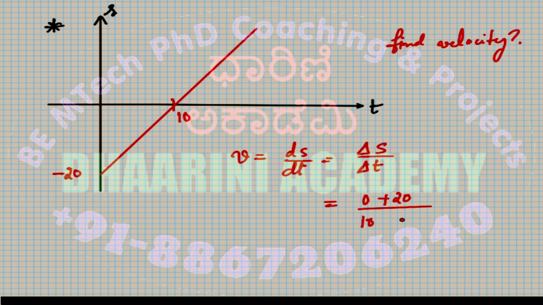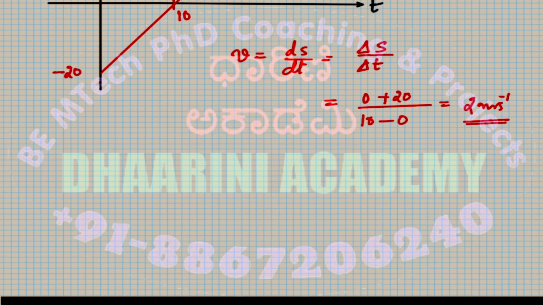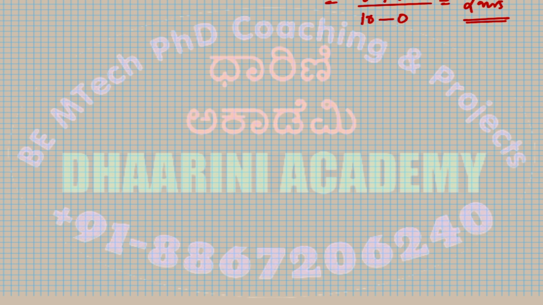Final value is 10, initial value 0. So this is 20 by 10, so 2 meters per second. Okay, fine. Let's move on to the next topic.